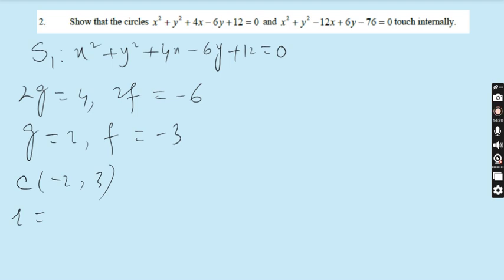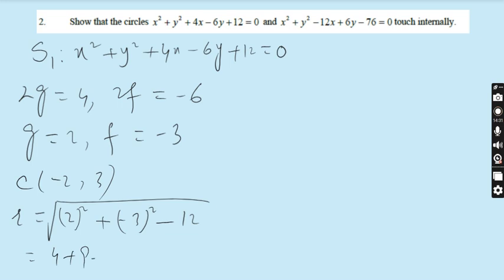R is equal to the square root of g square plus f square minus c. C is 12 in S1, circle 1. 4 plus 9 is 13, minus 12 is 1, and the root of 1 is 1. Assign the name, the radius is R1. Assign the name, the center is C1.